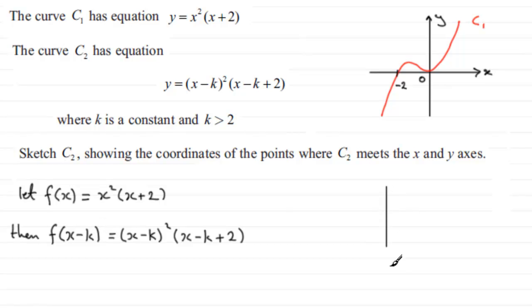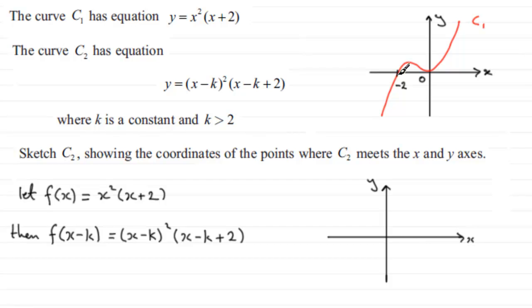But we know that k is greater than 2. So what's going to happen then, if we just sketch it now, is that we'll put our axes on, but our curve here is going to shift to the right by more than 2 units, by k units.